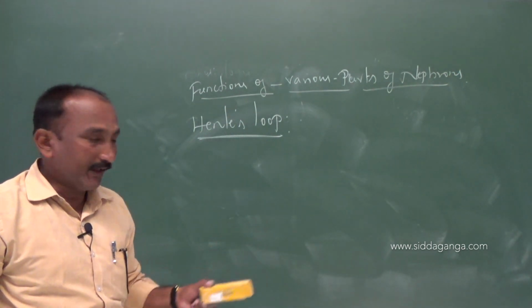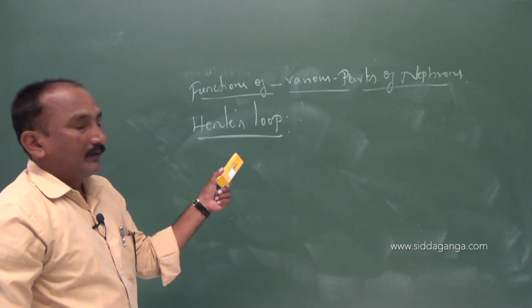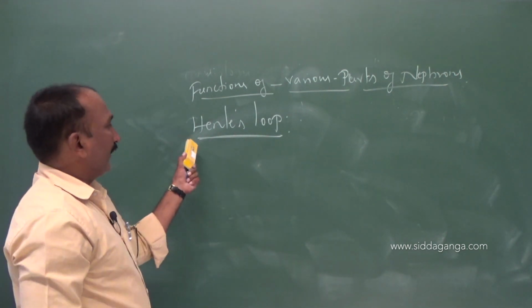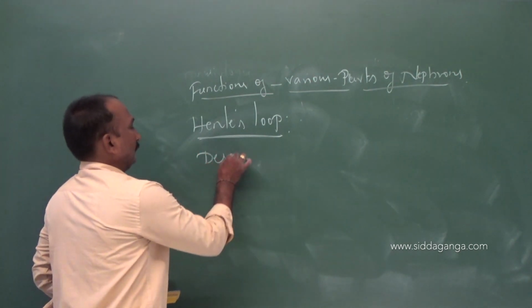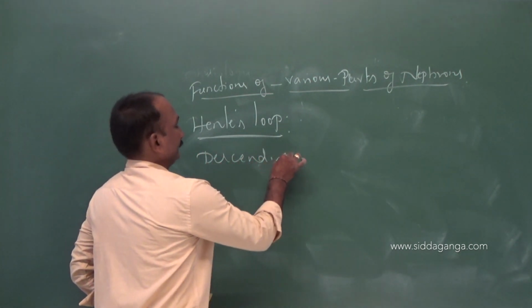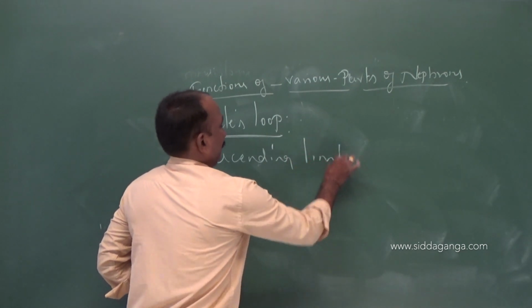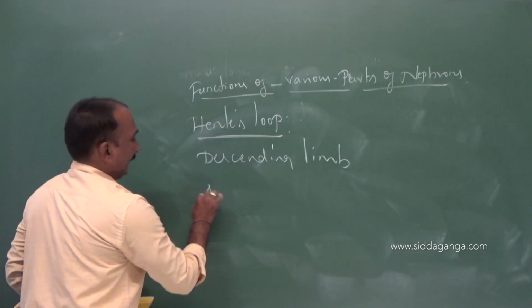In general, what is the function of the loop of Henle? It is differentiated into the descending limb and the ascending limb.